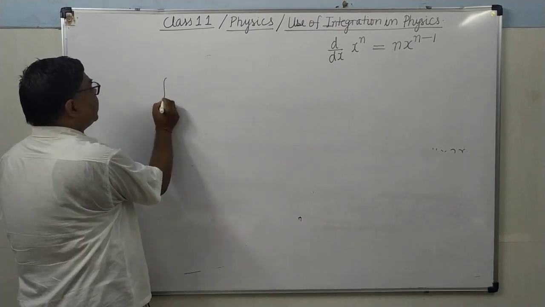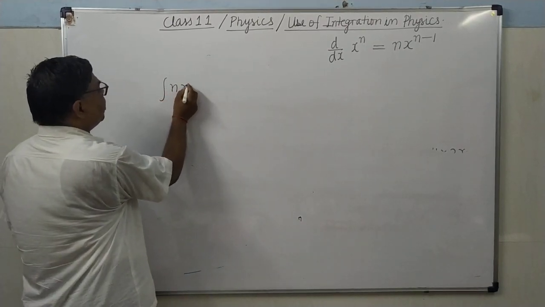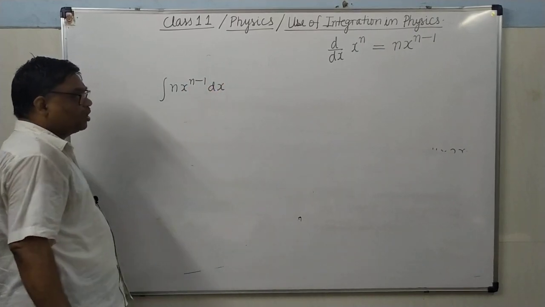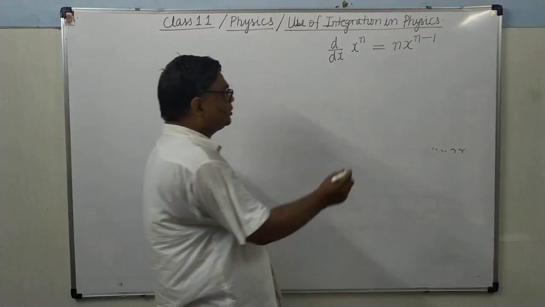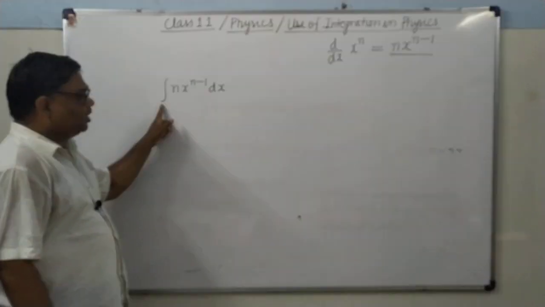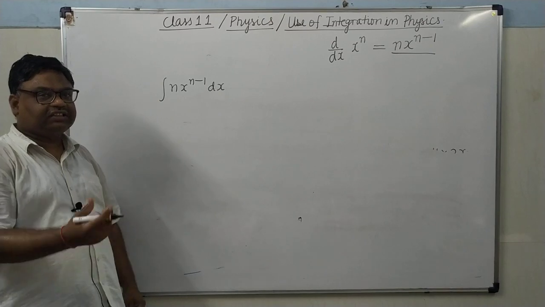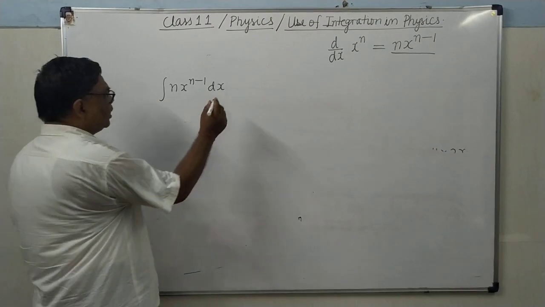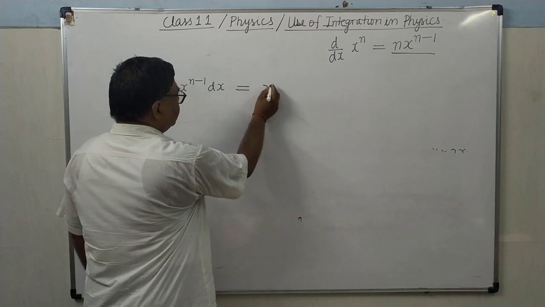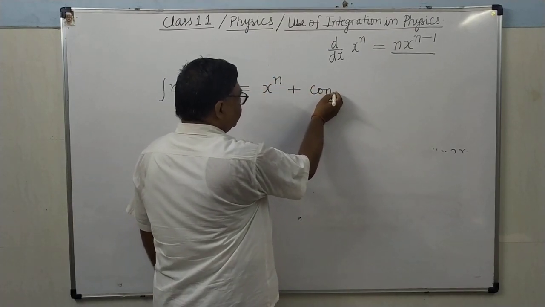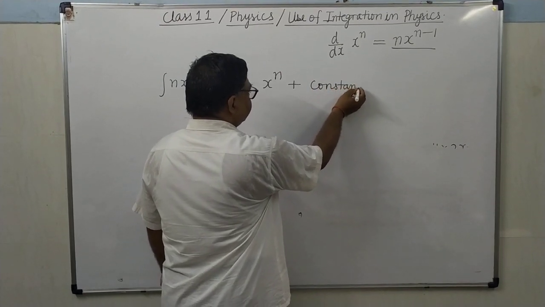If you integrate nx to the power n minus 1 dx, the quantity which is to be integrated is this. It is clear? Therefore it will be written in between the integral sign and dx. dx is the operator here, so no need to go into that detail. So it will be equal to x to the power n plus constant. There will be some constant.